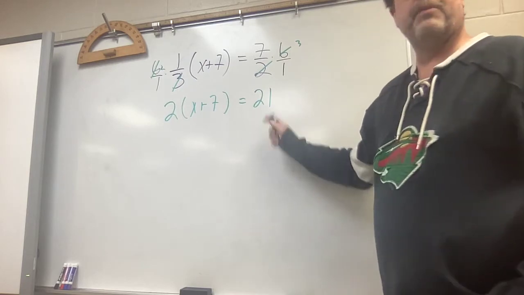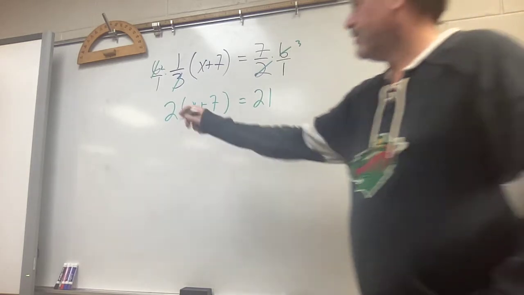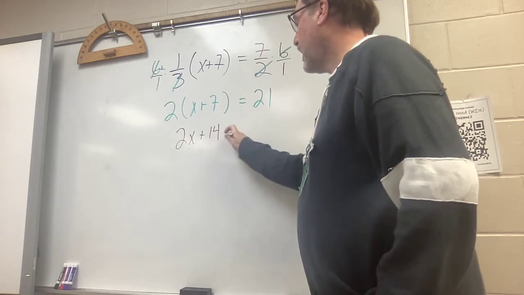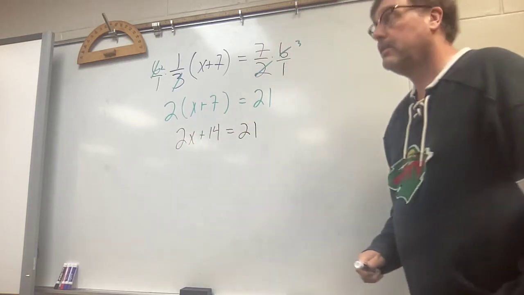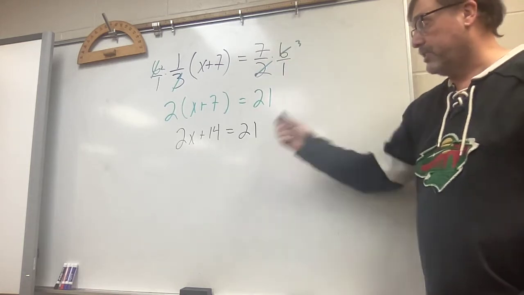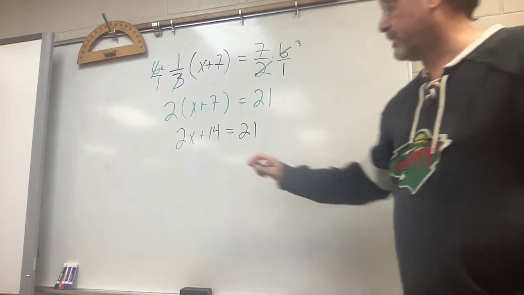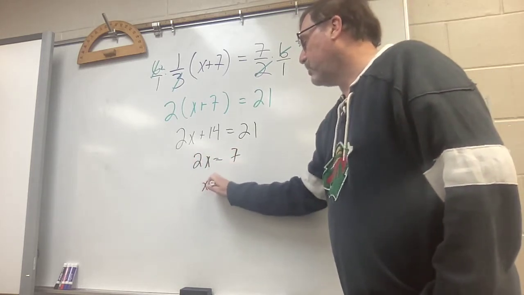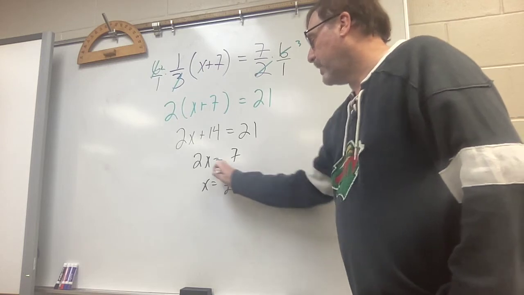Not in the room, not multiplied by 2. 2 times x, 2 times 7, and I believe anyone who might have been stressed out at the start of the problem is very much not stressed out anymore. Take away 14 from both sides, of course. Divide by 2. You could say 3.5 if you want.